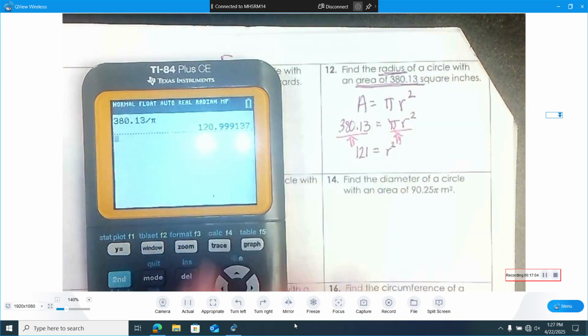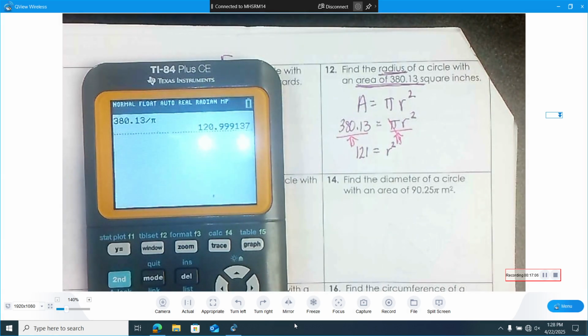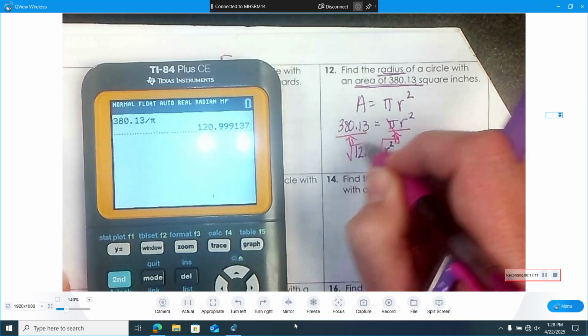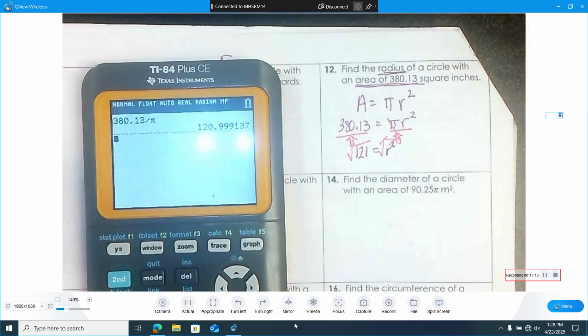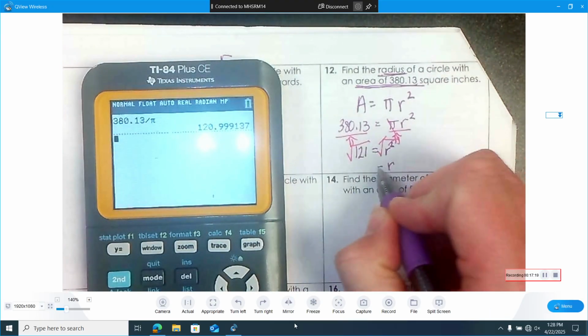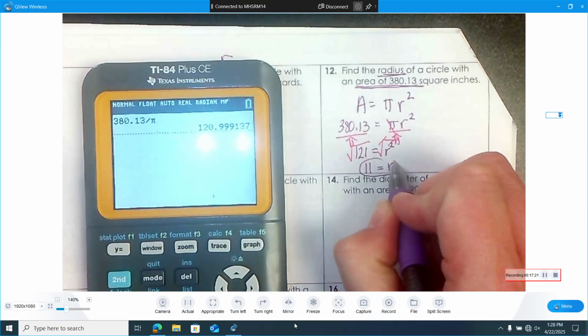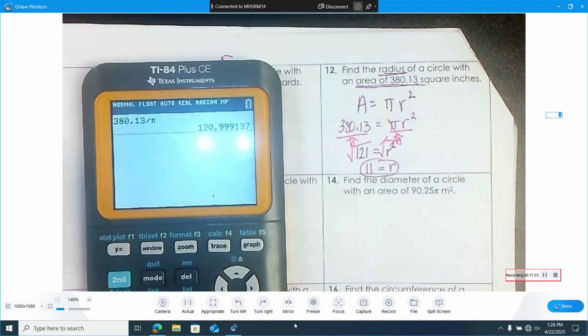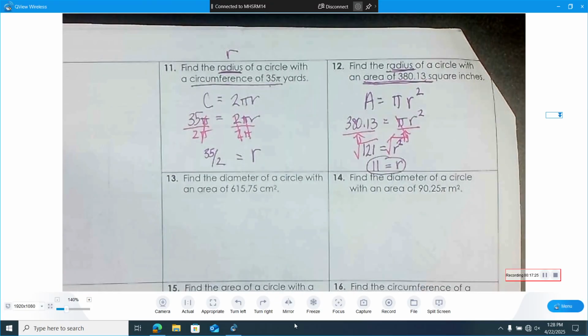And then how do you get r by itself? Square root. Very good. Because the square root and the square cancel each other out. Write this down. And so, oh, I know the square root of 121. 11. Very good. Square root both sides, we get 11. Beautiful.